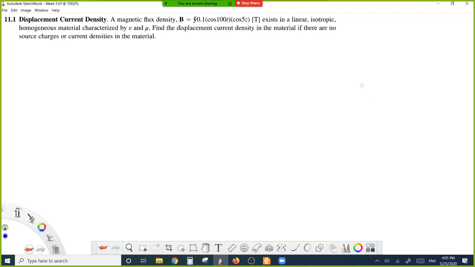A magnetic flux density B, which is equal to y 0.1 cosine 100t multiplied by cosine 5z Tesla, exists in a linear isotropic homogeneous material characterized by epsilon and mu. Find displacement current density JD in the material if there are no source charges and current densities in the material.